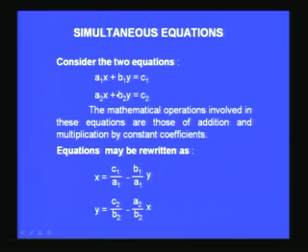From this I should obtain the solution. What do you mean by solving these two equations simultaneously? It means I must obtain a value of x and y which will satisfy both these equations. That is what I mean by solving the simultaneous equation. That means the x and y, whatever value I assign, will be satisfied by both these equations, where a1, b1, c1, a2, b2, c2 are coefficients, the constants, numbers.